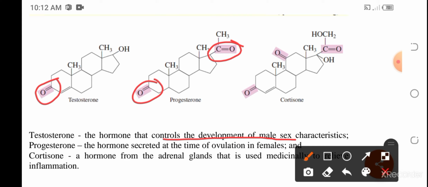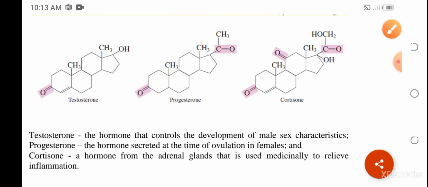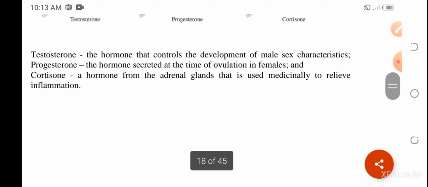These are the hormones secreted during the time of ovulation in females. And cortisone. So these are the ketone parts of cortisone, and they are hormones from the adrenal glands that are used to medically relieve inflammations.